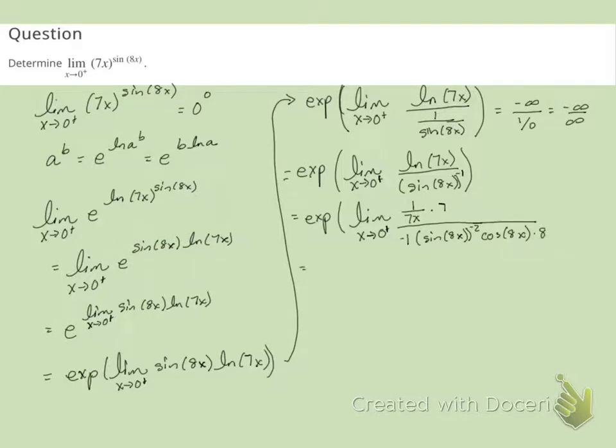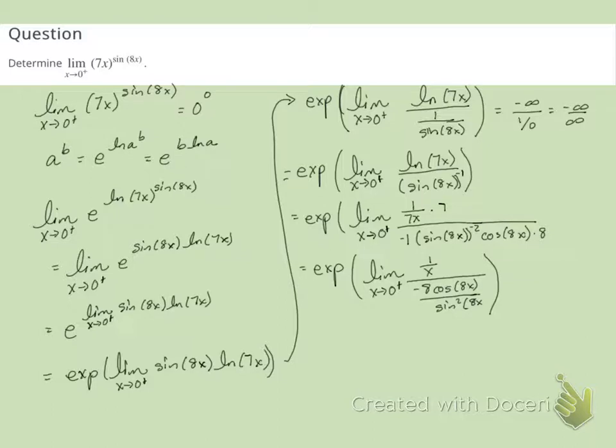And so I've got this funky thing, which is 1 over x, over negative 8 cosine of 8x over sine squared of 8x.